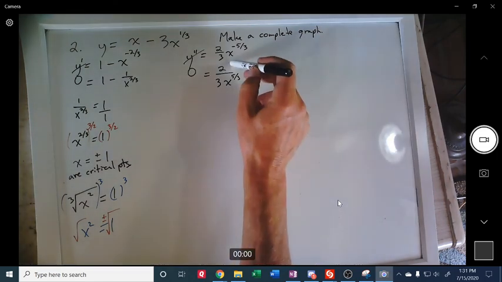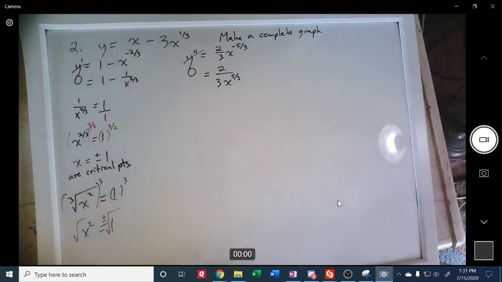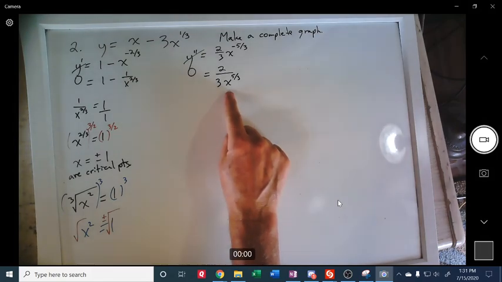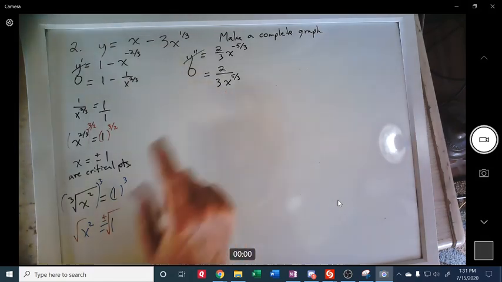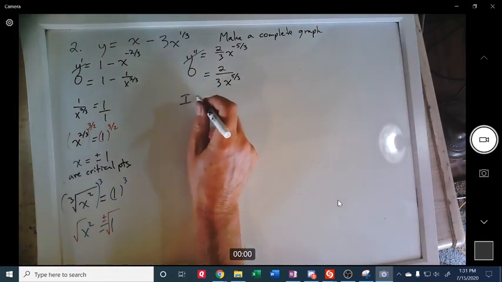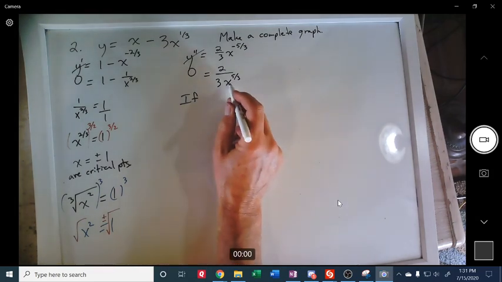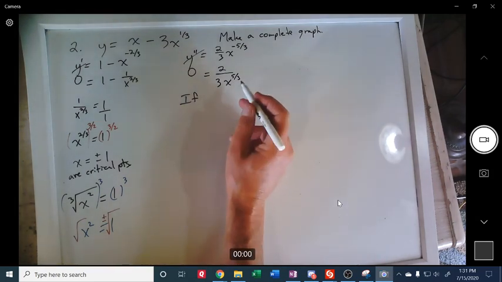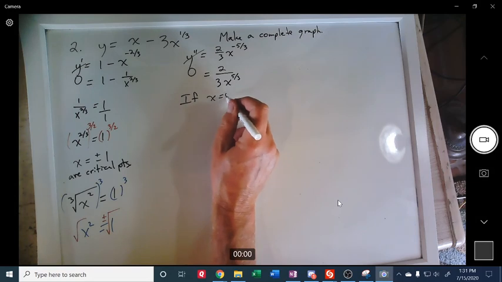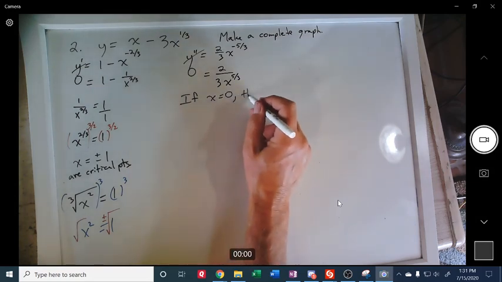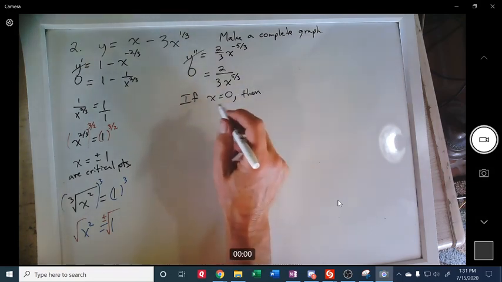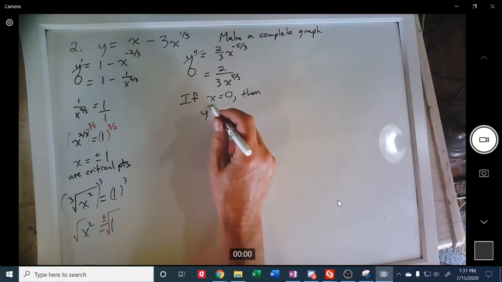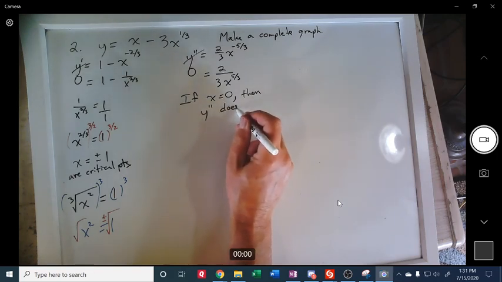But the numerator is stuck at 2. So this has no solution. But it does have a place where this derivative doesn't exist. Anything to the 0 power is still 0. So if x is equal to 0, then y double prime does not exist.